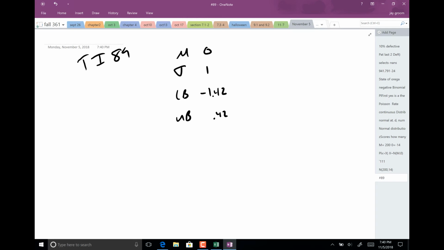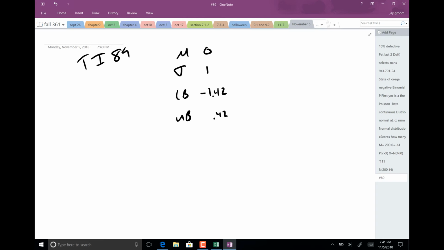And you should still get 0.58, yes? Negative 1.42, then upper bound 0.42, and 0, 1 for the standard deviation and the mean. Yep, 0.58, that's it exactly. That part's easy.